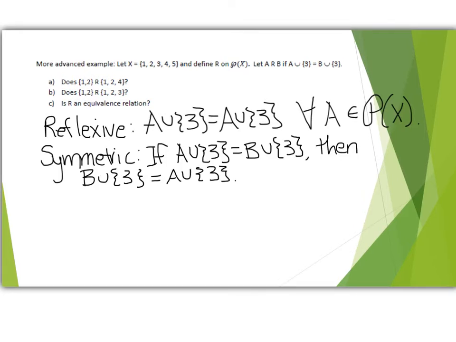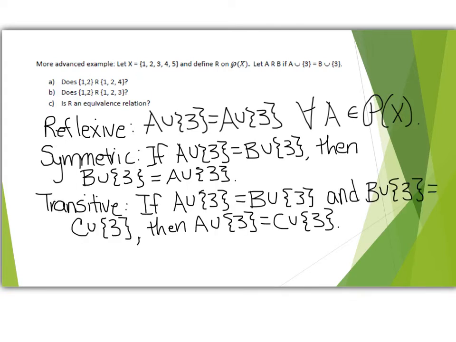What we need to say here is that if A union {3} equals B union {3}, then B union {3} equals A union {3}. Lastly, transitivity. If A union {3} equals B union {3} and B union {3} equals C union {3}, then A union {3} equals C union {3}. So I have all three properties satisfied, reflexive, symmetric, and transitive, and so it is an equivalence relation.